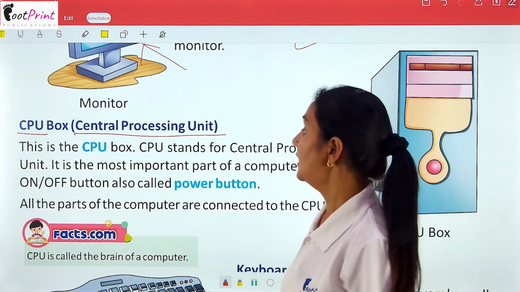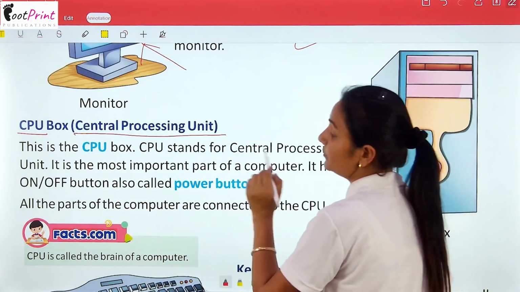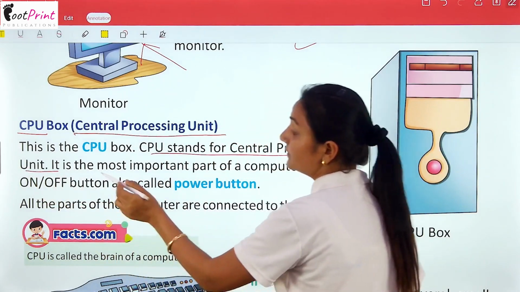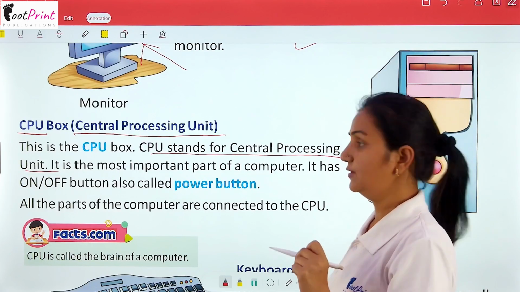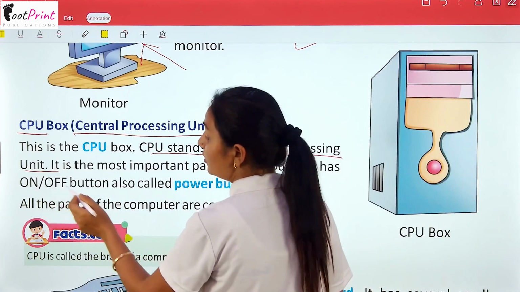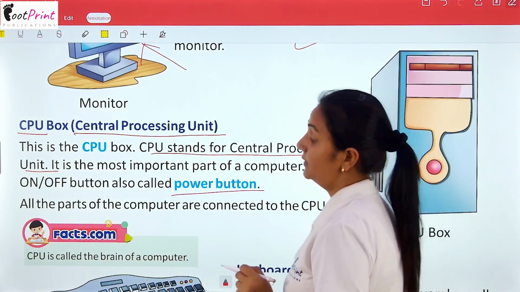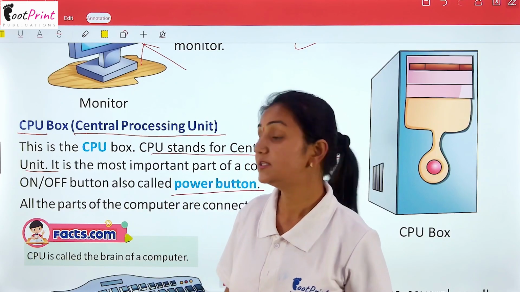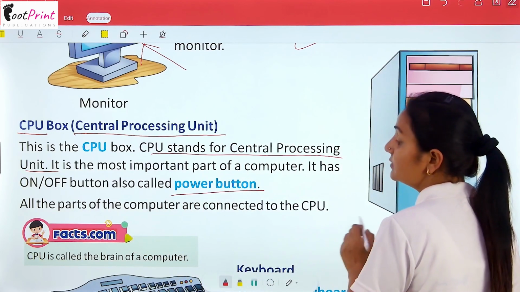This is the CPU box and CPU stands for Central Processing Unit. It is the most important part of the computer. Why? Let's come to know. It has an on and off button, also called the power button. It has buttons that we call the power button. Okay. All the parts of the computer are connected to the CPU.